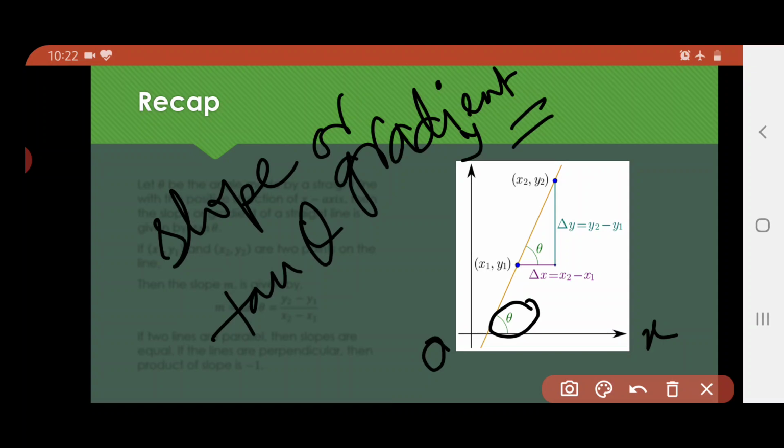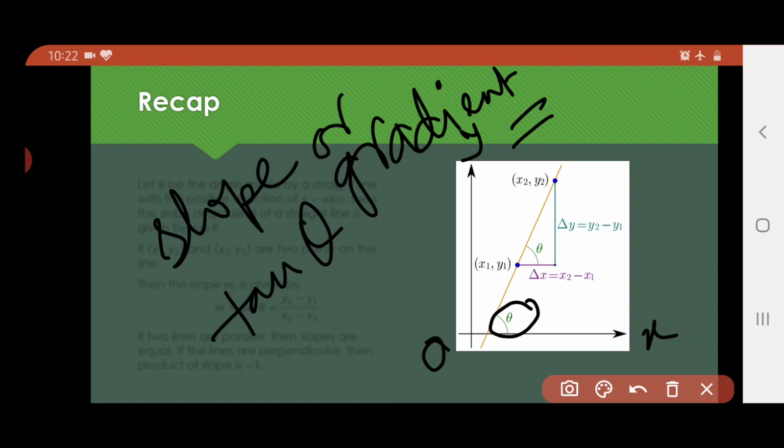So it gives us the idea of how much inclined the line is with the axis. If the value of the slope is less, then it is inclined away from the y-axis, and if it is negative, then it is inclined towards the positive y-axis.